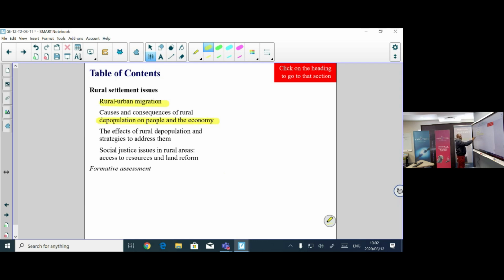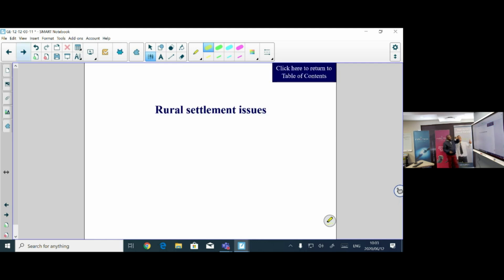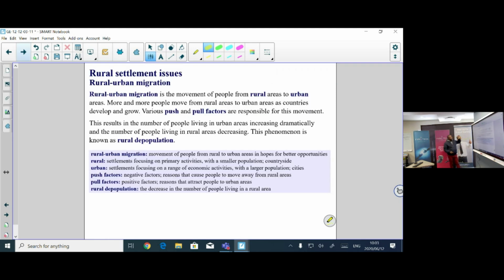And we are going to look at effects of rural depopulation and strategies to address them. Then we are also going to look at social justice in the rural areas, access to resources, and land reform. After that, we'll be done with the lesson for today, and we are going to do a formative assessment that we are going to do together. So let's go ahead and look at the following slides.